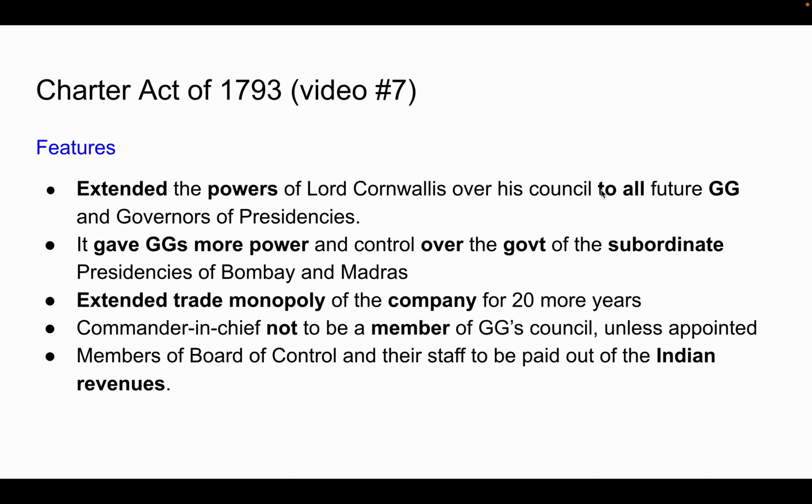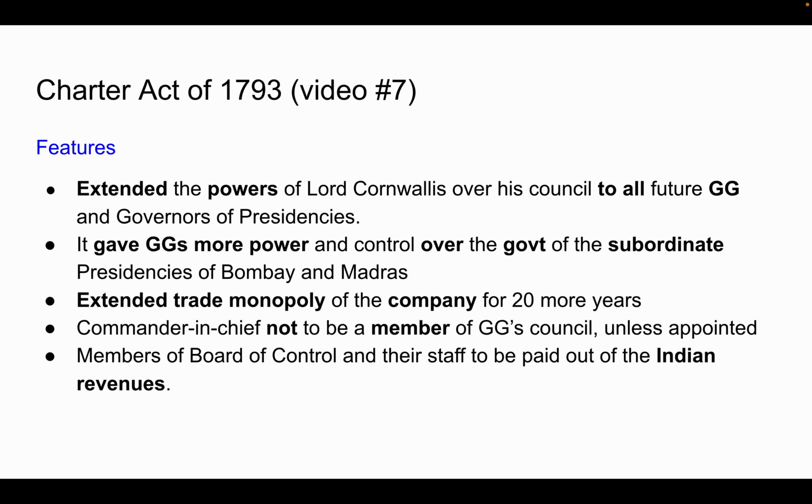Now, one point that I would like to highlight here is, do you know from where we get this Board of Control? In one of the acts that we have studied previously, the functions of the company, that is the East India Company, were divided into two categories. One category was the Court of Directors, which was going to see the commercial aspects of the company.